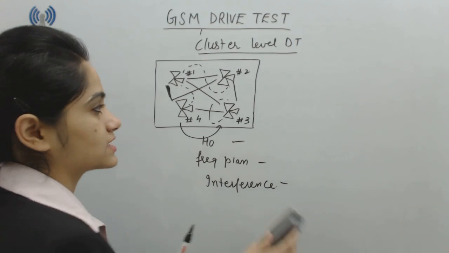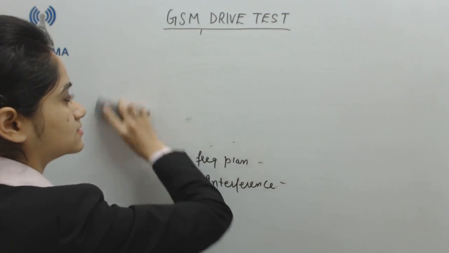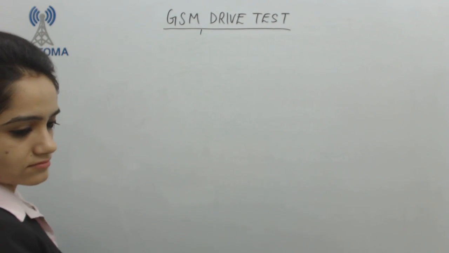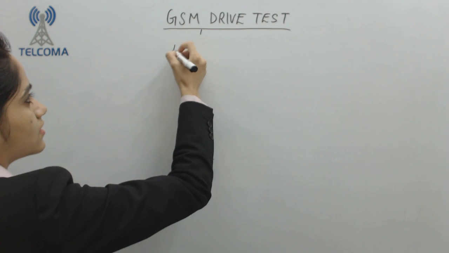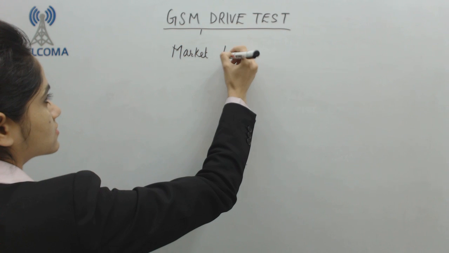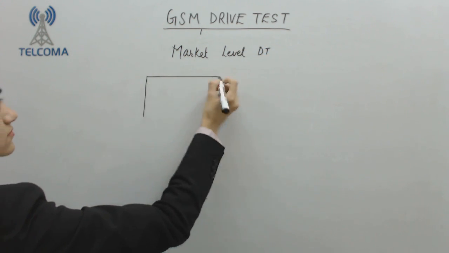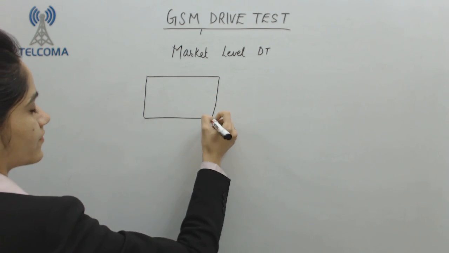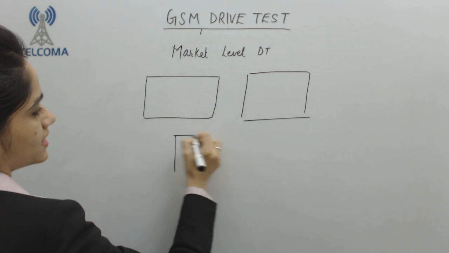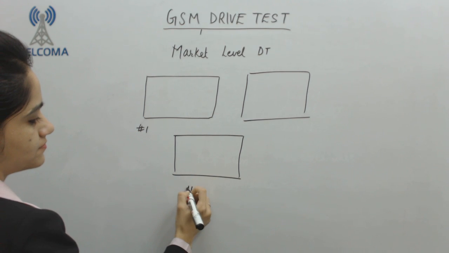Now let's move to the next one, which is market level. So I have a complete area, and that complete area is divided into a number of clusters.